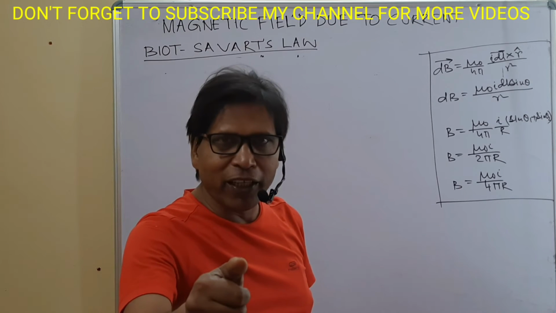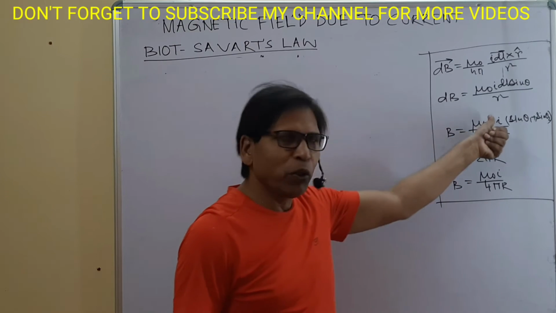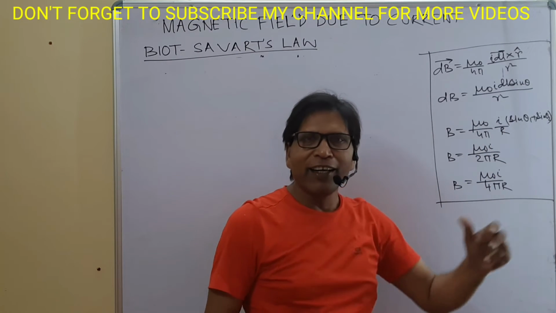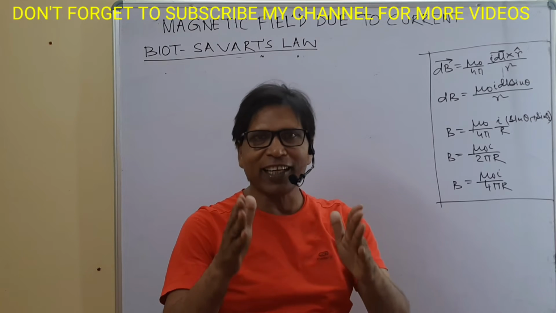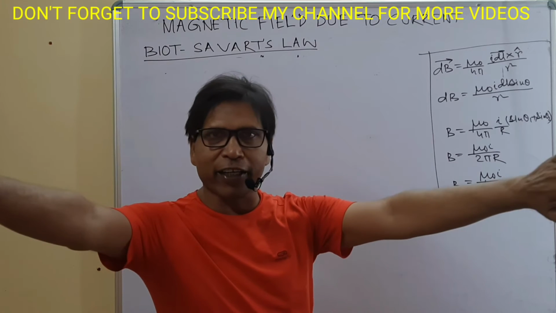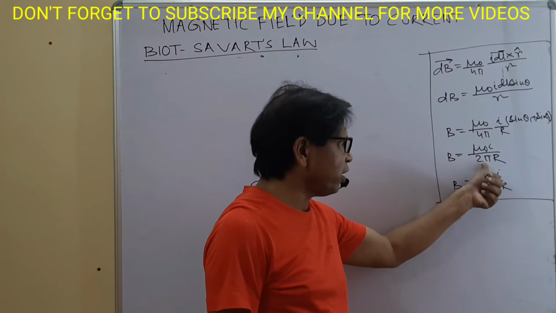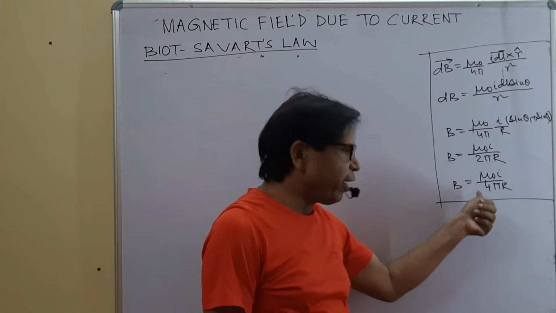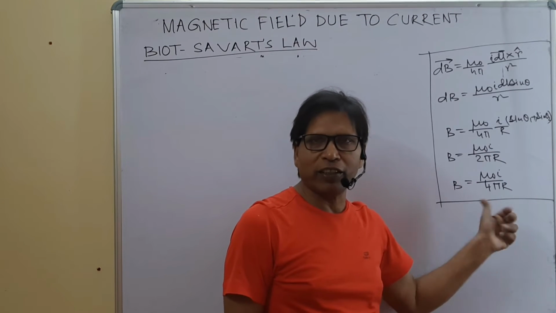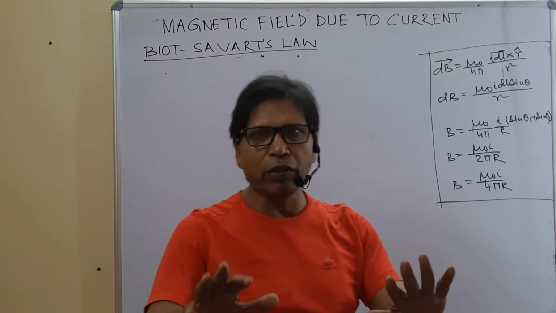The magnetic field due to a straight conductor is B equals μ0 by 4π, I by r, into (sin θ1 plus sin θ2). For an infinitely long straight conductor the magnetic field at any point is equal to this, and at one end of the conductor it is equal to this. Now we solve some numericals related to this.